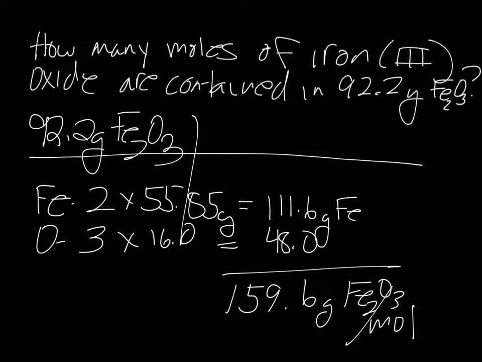We added it all together, so we would have 159.6 grams of Fe2O3 per mole. That's our conversion factor. We're going to use that. This is what we call our molar mass, which I frequently write with 2 capital M's, MM, molar mass. Alright, so I'm going to erase that molar mass so we can now fit it into the equation.